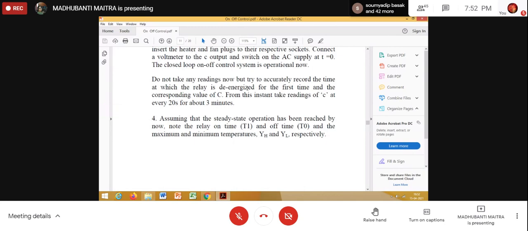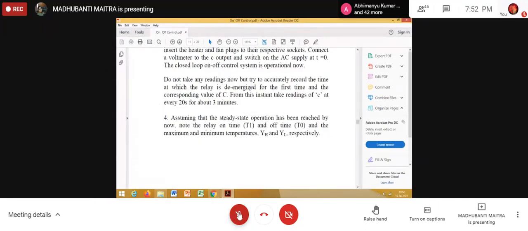As I said, when the temperature starts increasing from 30 degree and reaches 75 degree, at that particular time the relay will be de-energized and the fan will be connected and the cooling process will start. Is it clear? Have you understood this part? Yes, ma'am.